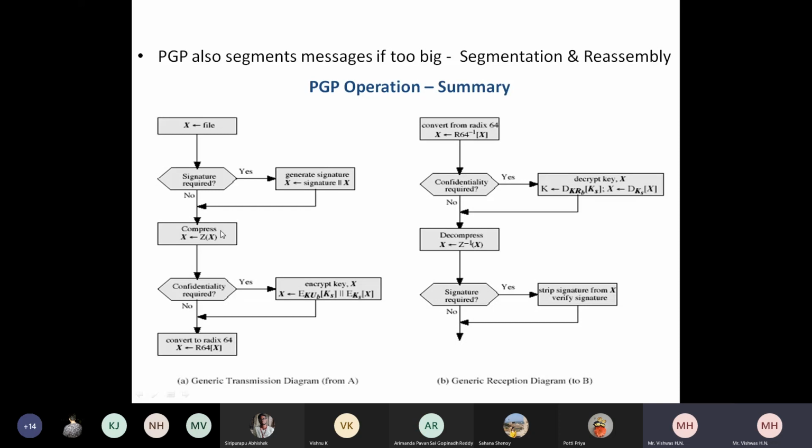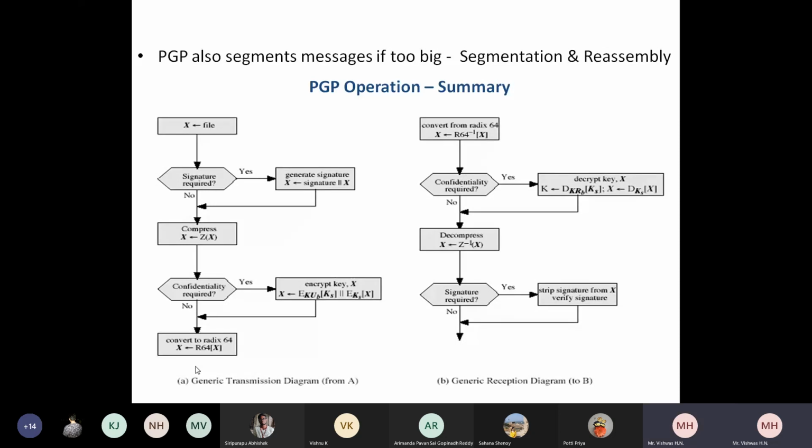Compression is basically zip. Then after compressing, if you need confidentiality, you encrypt it, convert it into Radix 64, and then send. So the conversion, the compatibility, is at the end. Is that clear, students?